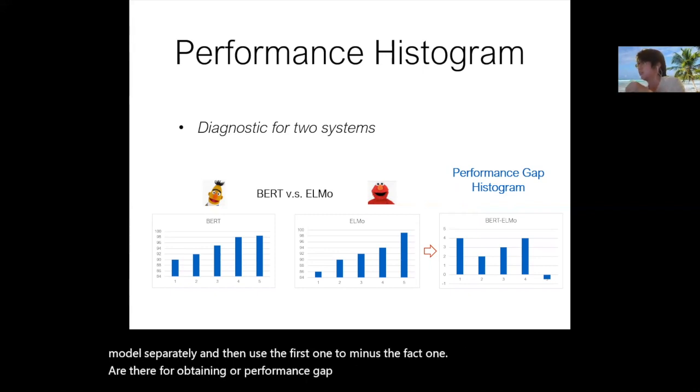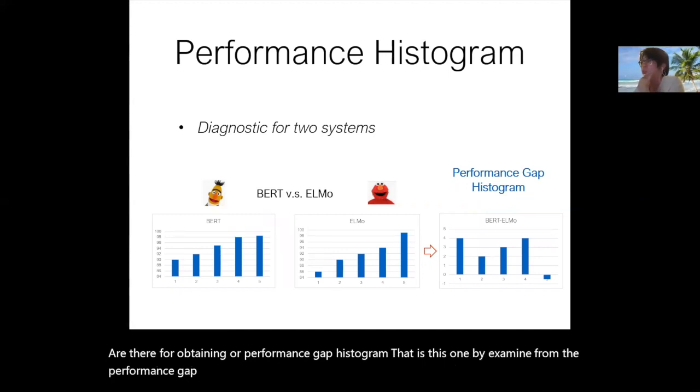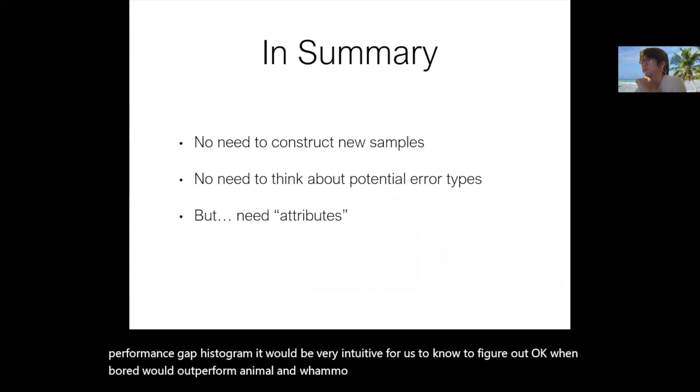That is this one. By examining the performance gap histogram, it would be very intuitive for us to figure out when BERT would outperform MO and when MO would surpass BERT.